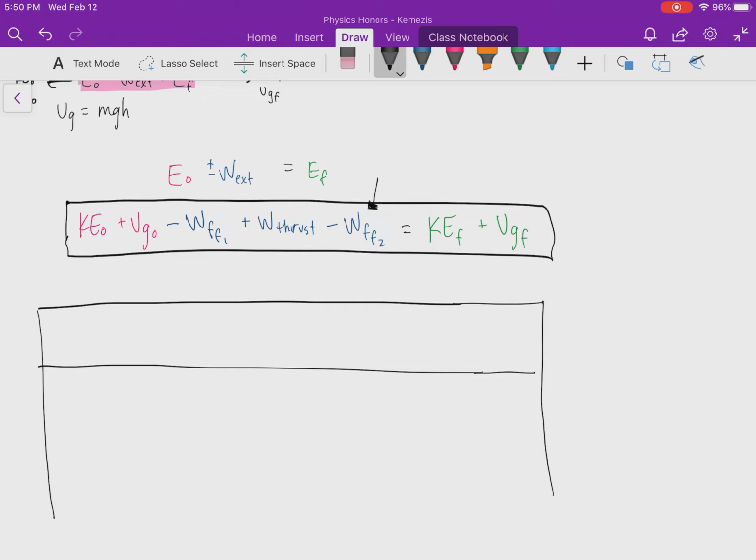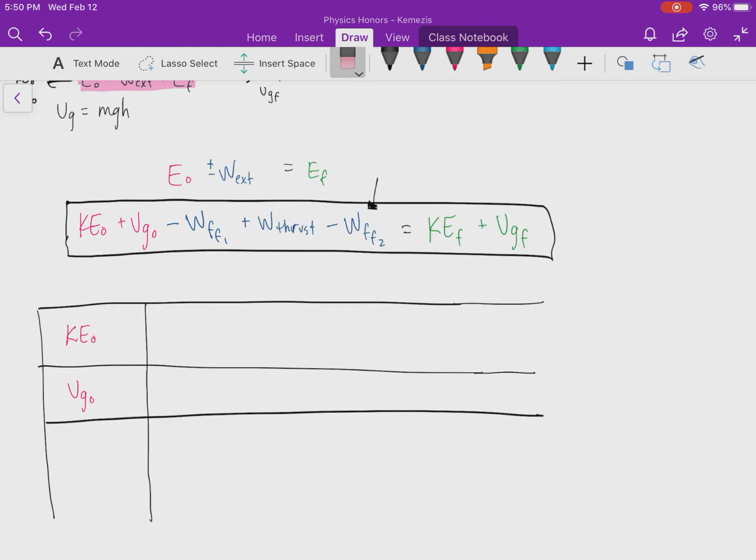So our first thing, my first column, so this is just another way to organize our work. Okay, all I'm doing is showing a different way of organizing our work, right? So we have the energy associated with the kinetic energy of the object, and then we would have the potential energy to begin with. And then in these other sides of the boxes, we're going to be defining the equation, and then we're going to be plugging in variables for the equation, and then we're going to go from there.